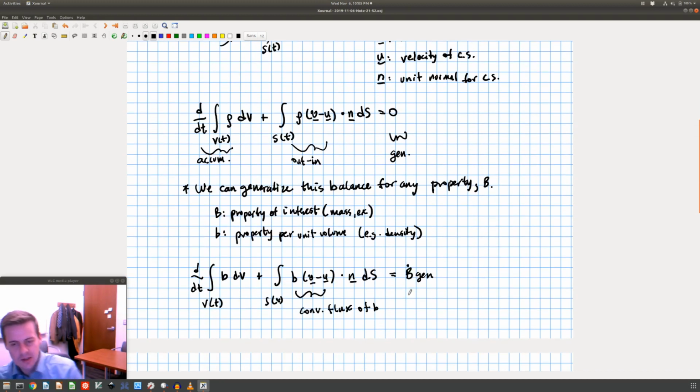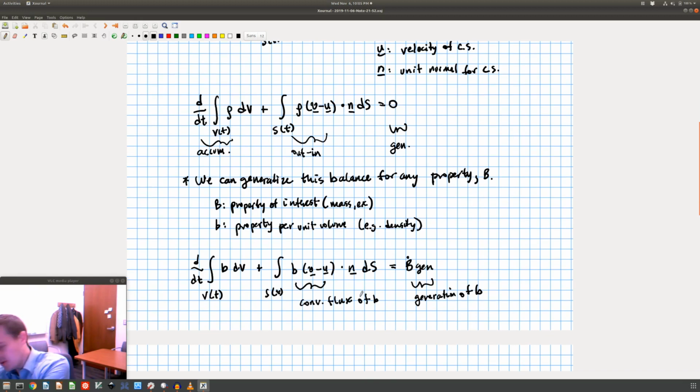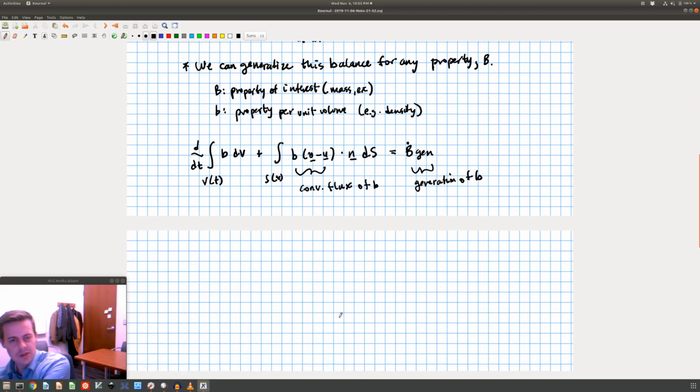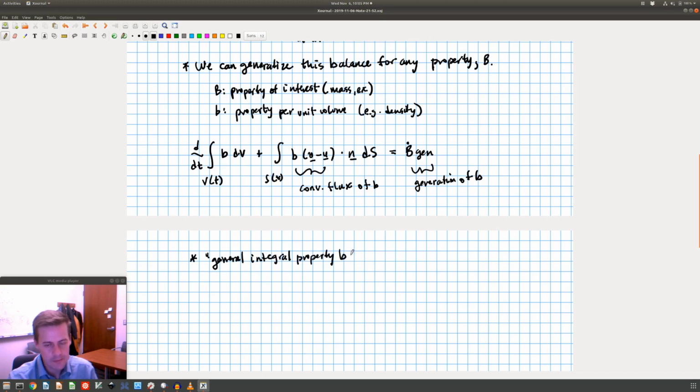And then this is my generation term, generation of B. Okay, and this general property balance, when I write it in terms of anything and not just mass, has a name. Okay, and the book calls this something like a general integral property balance. Okay, and that name is kind of unique to the book.